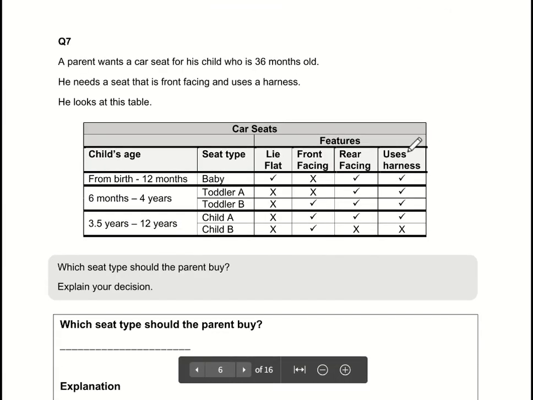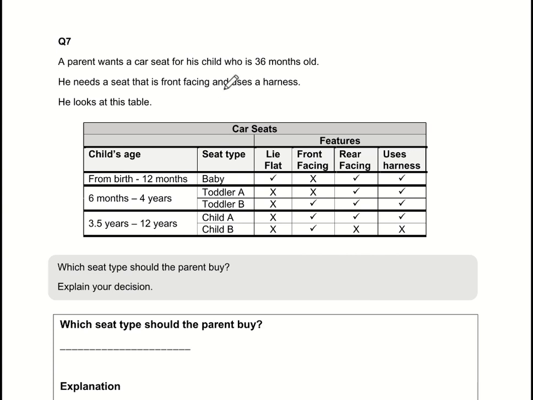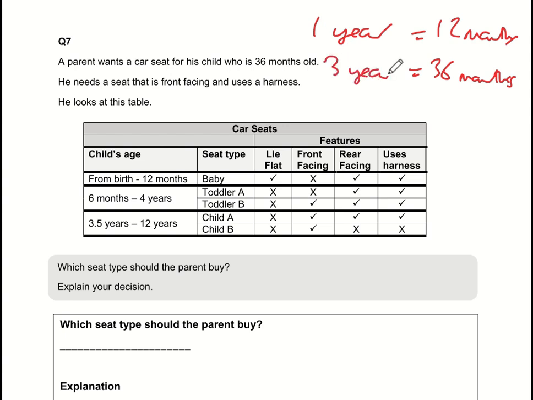Right, question number 7. So 36 months, well, let's put that into years. 1 year is 12 months. So 36 months, or that is 3 times 12, so that's going to be 3 years. So we want 6 months to 4 years, because 3 years is in between those two boundaries, and we want front facing, which has got a tick in it.